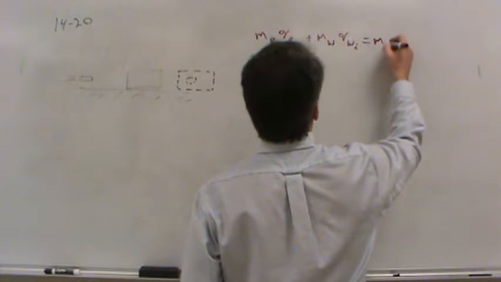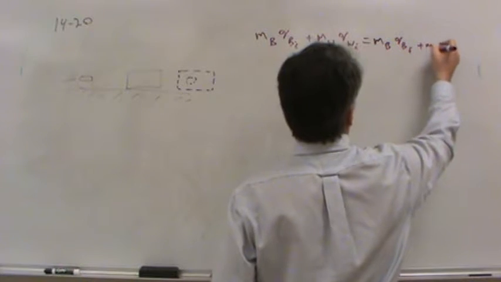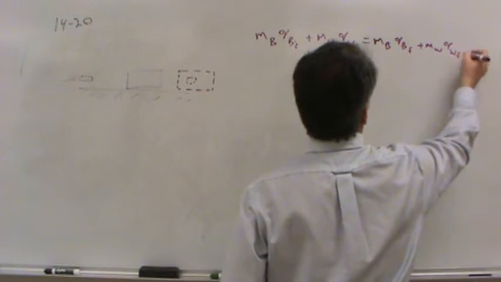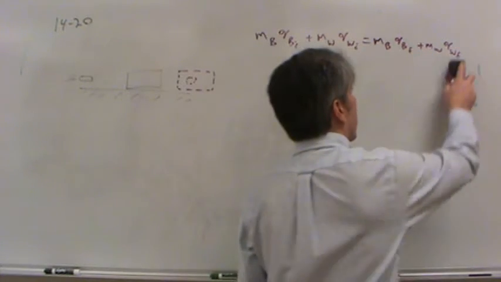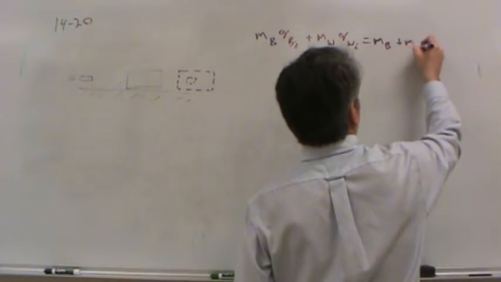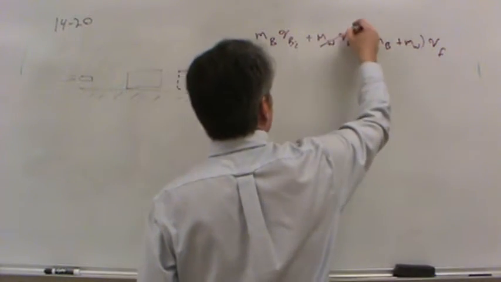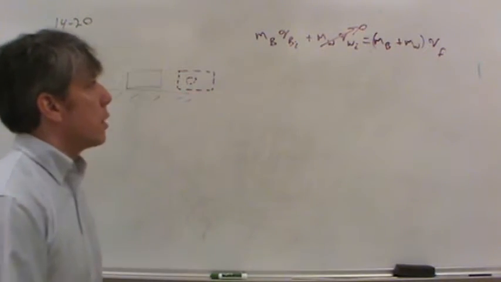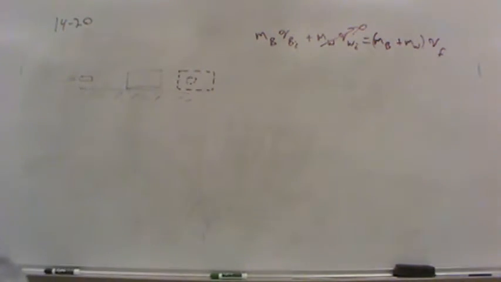So we can just say mass of bullet, velocity of bullet final, plus mass of wood, velocity of wood final. Noting that the velocity of the bullet and the wood are the same, we can just write VF. Also noting that the wood is not moving initially, we can get rid of one of those terms. So this looks a lot like what we had I think in the last problem.